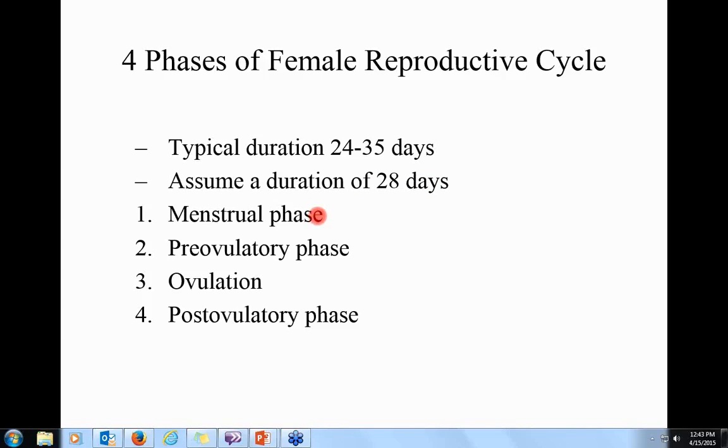So the first part of the reproductive cycle is the menstrual phase. The second part is the pre-ovulatory phase, ovulation, and you have the post-ovulatory phase. These are referring to both events in the uterus and events in the ovaries and how they occur at the same time.